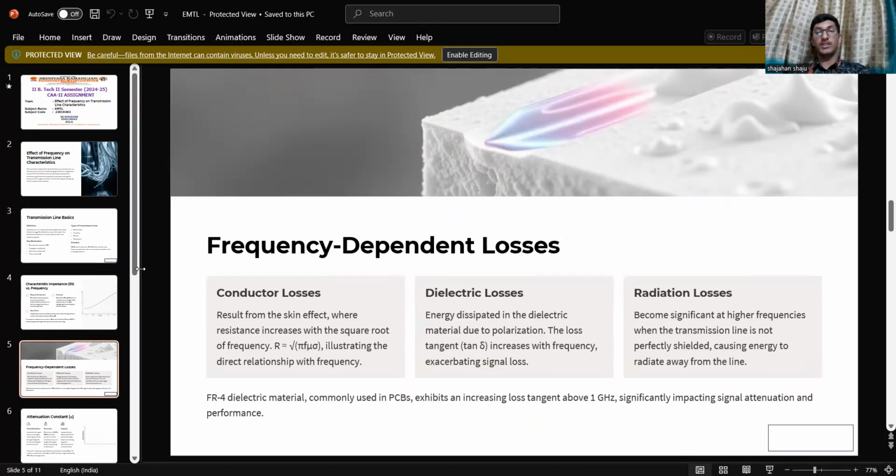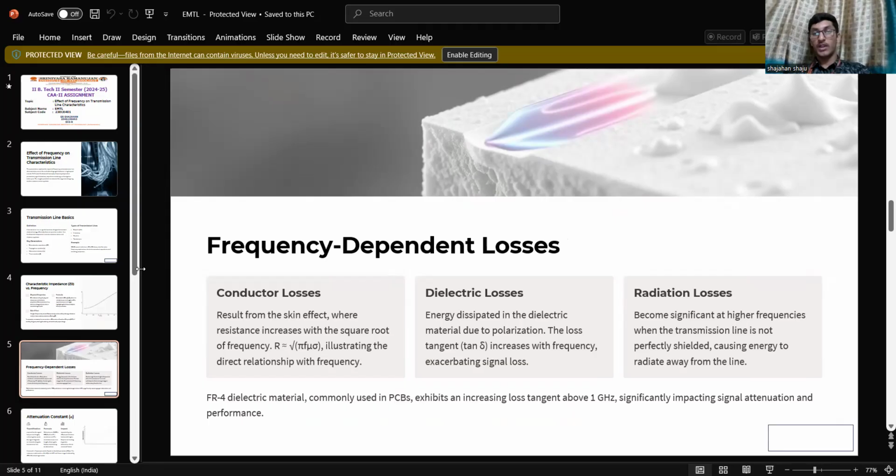Dielectric losses: energy is dissipated in the dielectric material due to polarization. The loss tangent, that is tan delta, increases with frequency, exacerbating signal loss.